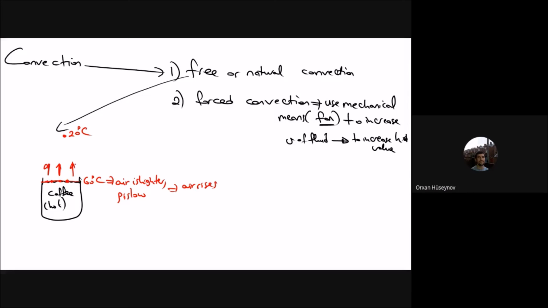As it rises, it moves into the upper parts of the surroundings, and you will have this convection. The famous example is the wind. Wind is free convection. It arises due to a temperature difference, which creates a density difference, and due to that density difference, air rises.